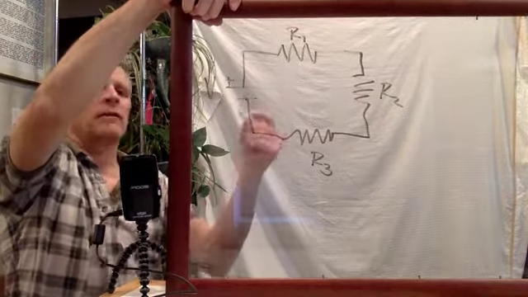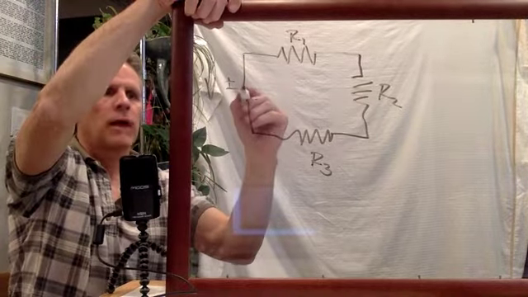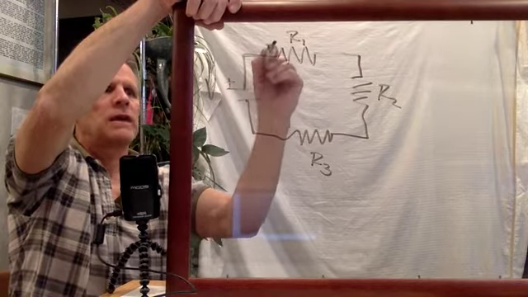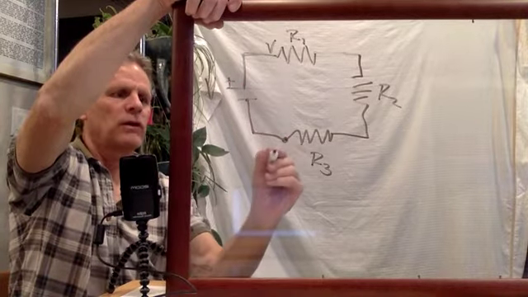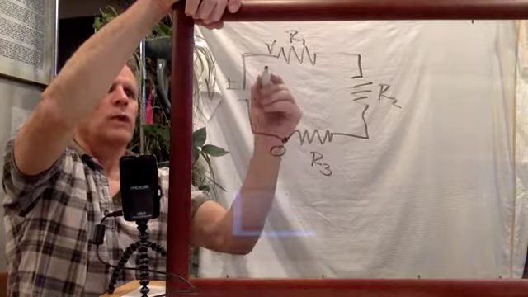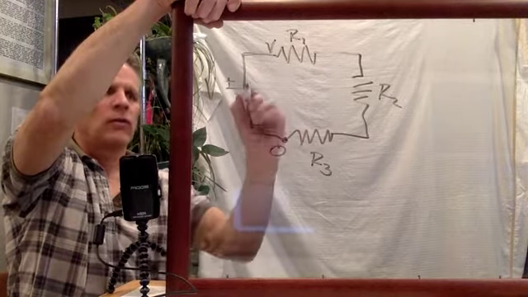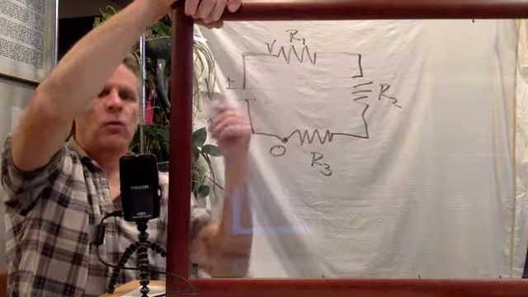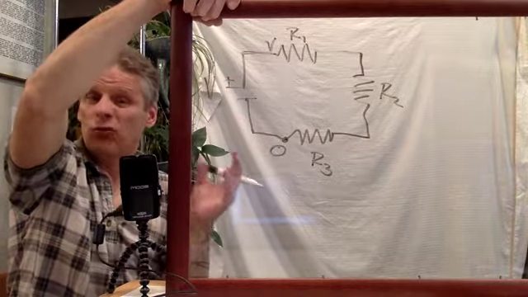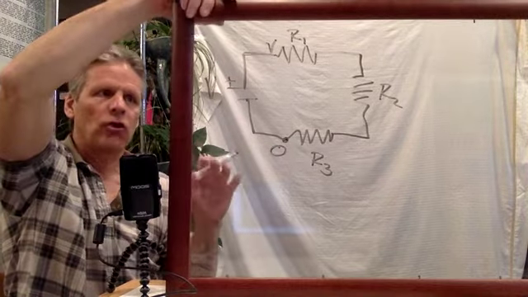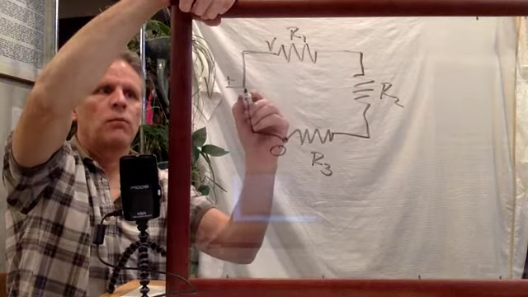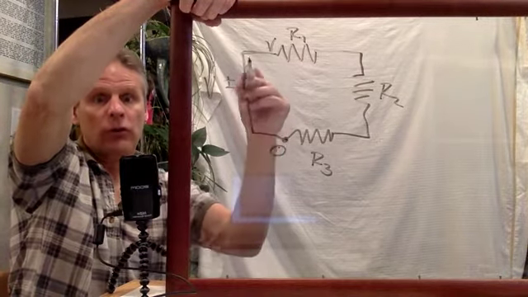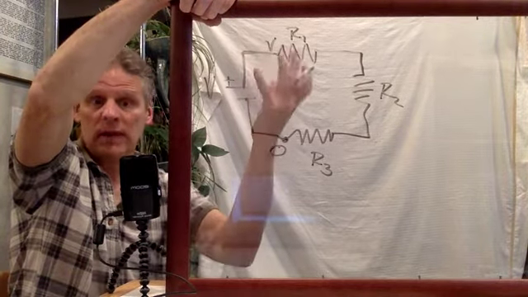Well, how are we going to figure this out? What do we know? We know that the voltage here is V, and we know the voltage here is 0. Now what else do we know? We know that this is one loop. So it's a very trivial application of Kirchhoff's junction rule, which says all the current that comes into a junction must leave through that junction.